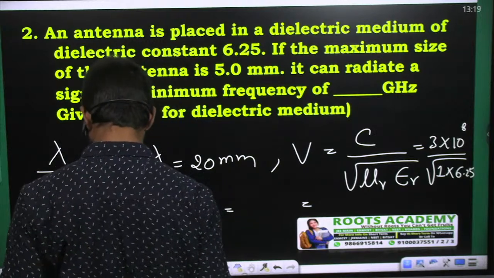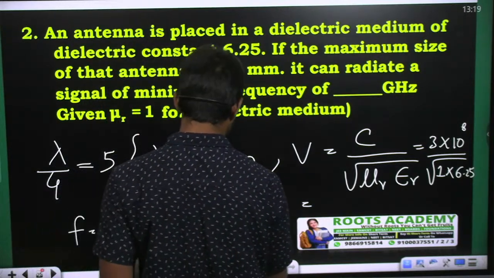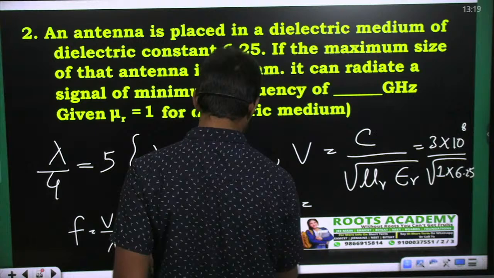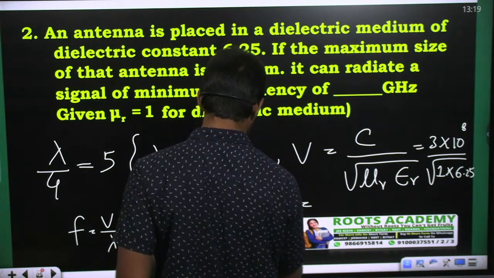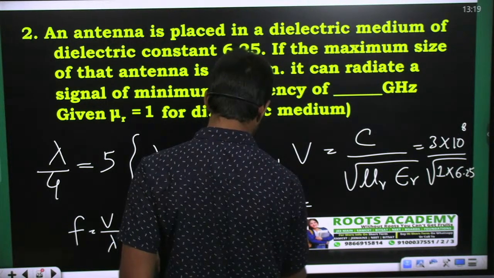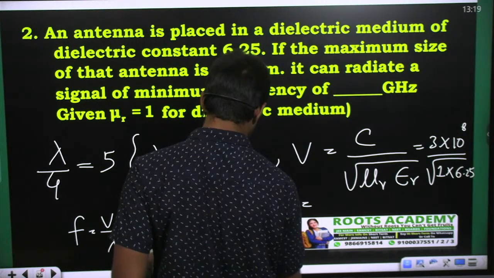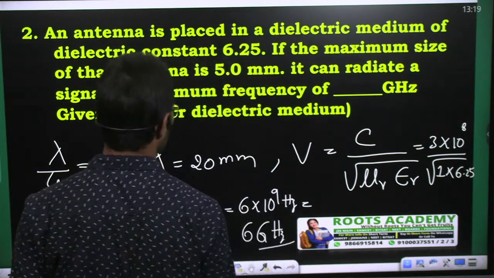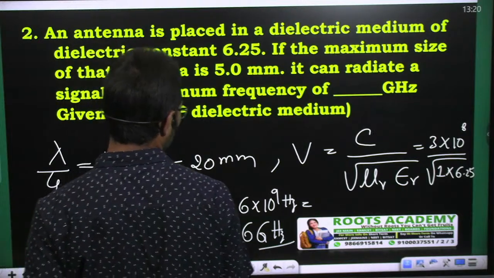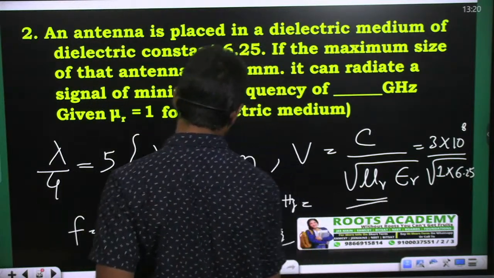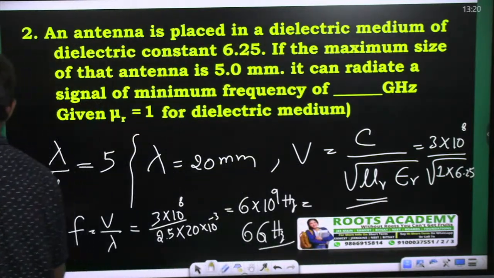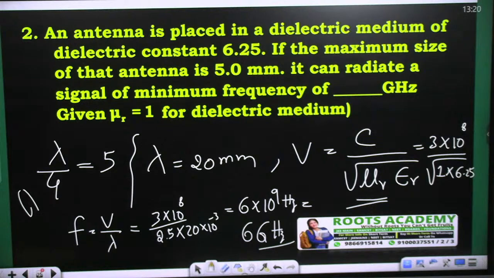So we get 6 into 10 power 9 hertz. So 6 gigahertz. A direct question, nothing much. Once you are aware of these two formulas, you are done.